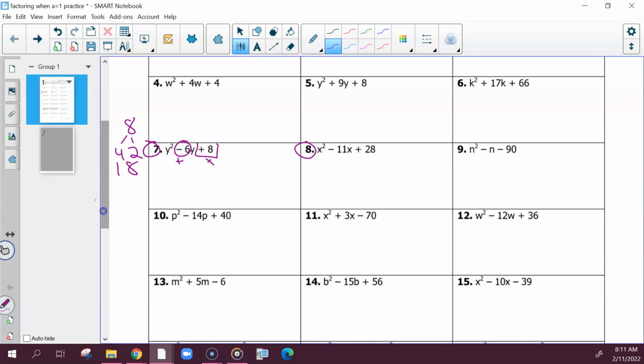However, if our 8 is positive, and we have to multiply it to be positive, that means our two answers either both have to be positive or both have to be negative. So in order to get negative 6, these would both need to be negative.